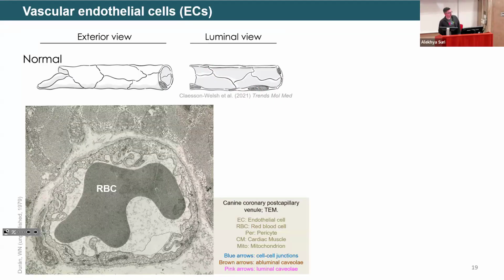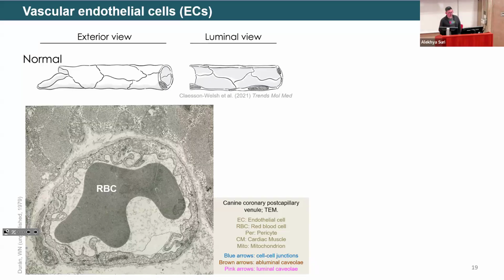This picture was captured by my PhD mentor in this very building, actually, back in 1979. So this is an electron micrograph of a post-capillary venule in the heart of a dog, right?